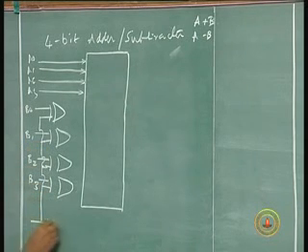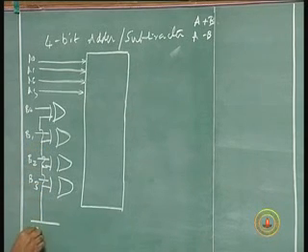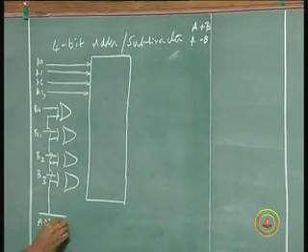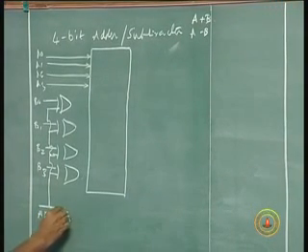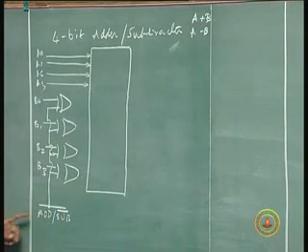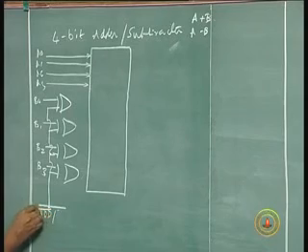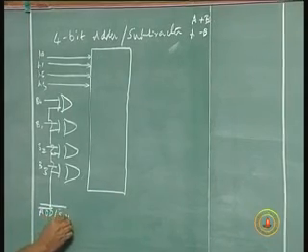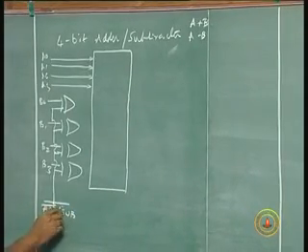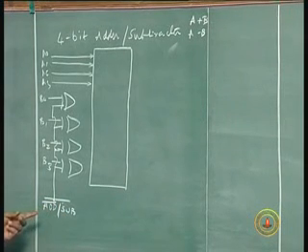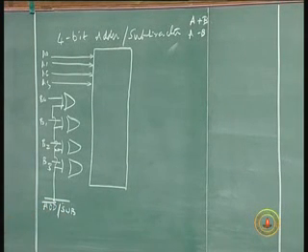And this will be my add bar subtract. I will call this signal add bar subtract. What does it mean? Actually add bar subtract, not add subtract bar. It is 0 if it is addition operation, 1 if it is subtraction. 0 for add operation, 1 for subtract operation.